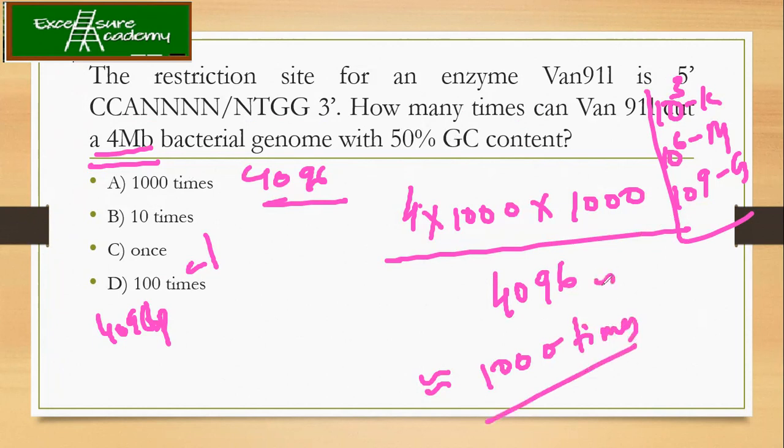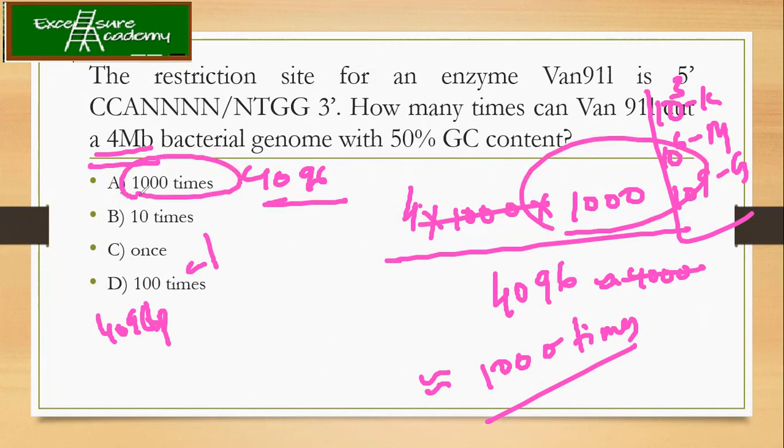You can make this 4096 near to 4,000. So what you can get? Cancel, cancel, you get 1,000. So near about 1,000 times I'm getting. So this is your answer. Since it is an approximation, unless they're asking the specific digits, you don't have to calculate. You can just go with the approximation. This is going to save your time also.